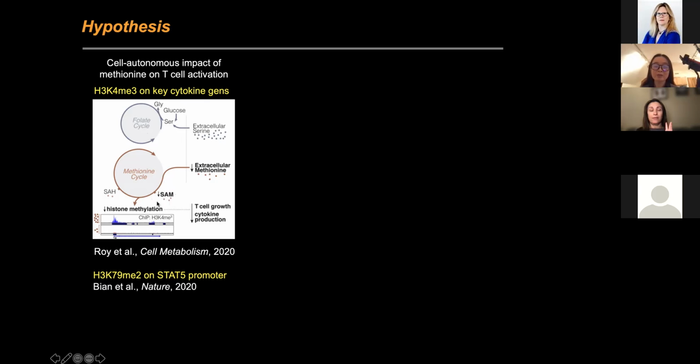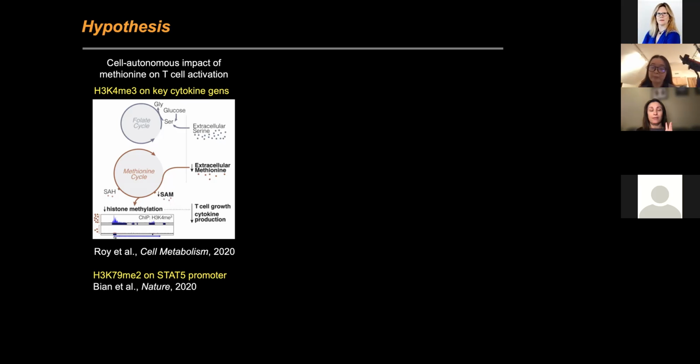This reduction of SAM reduces histone 3 K4 trimethylation on some key genes involved in T cell growth or cytokine production, and also histone 3 K79 trimethylation on the STAT5 promoter. STAT5 is a key modulator of T cell activity.